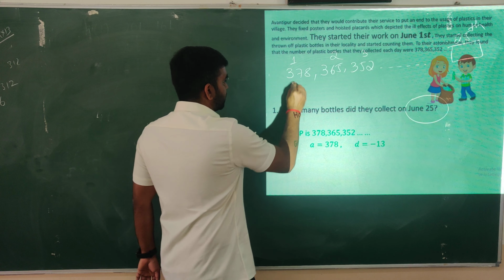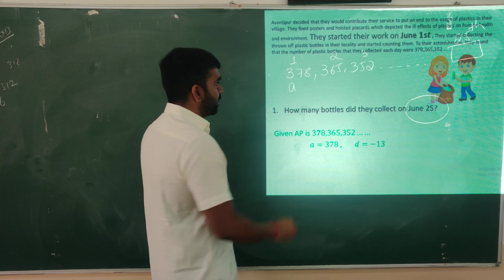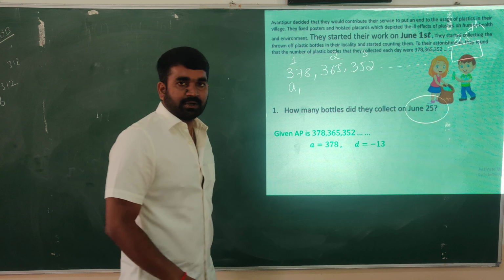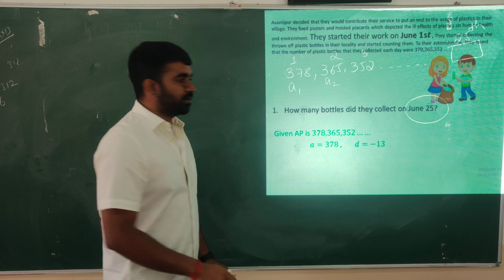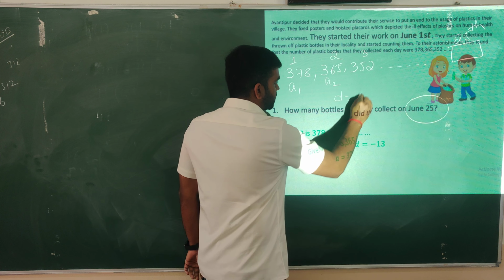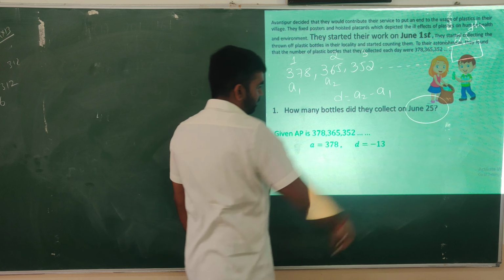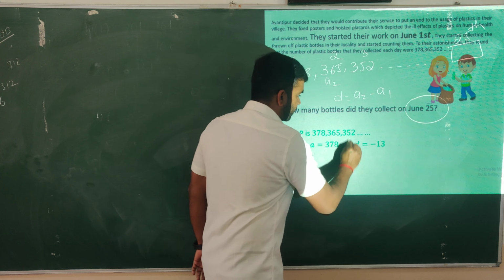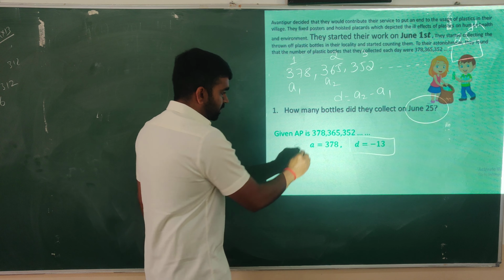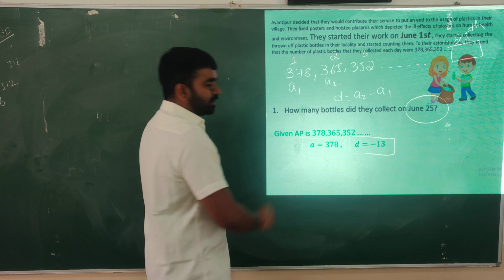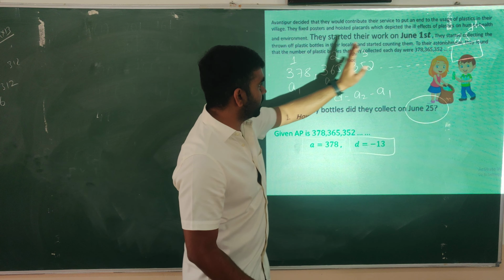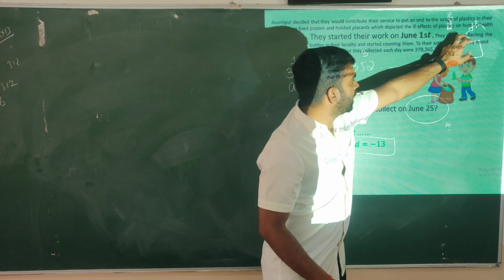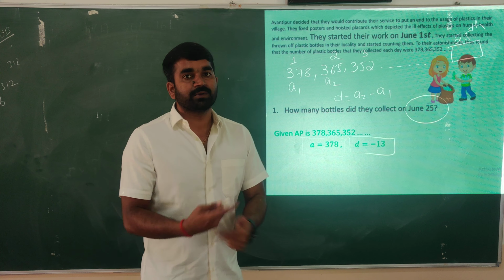Here a is equal to 378, that is A1, and A2 is equal to 365. First we have to find the common difference, so d is equal to A2 minus A1, so we get the value of d as minus 13. As I told earlier, a is equal to 378, then 365, 352 on the third day, and on the 25th day what are we going to get?